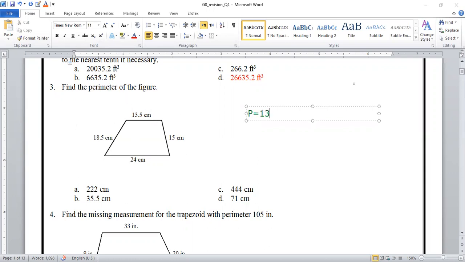First side length 13.5 plus 15 plus 24 plus 18.5. Using calculation, the answer will equal 71 centimeters.